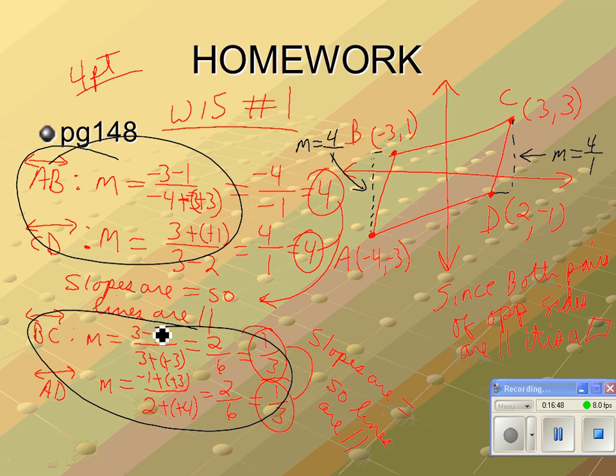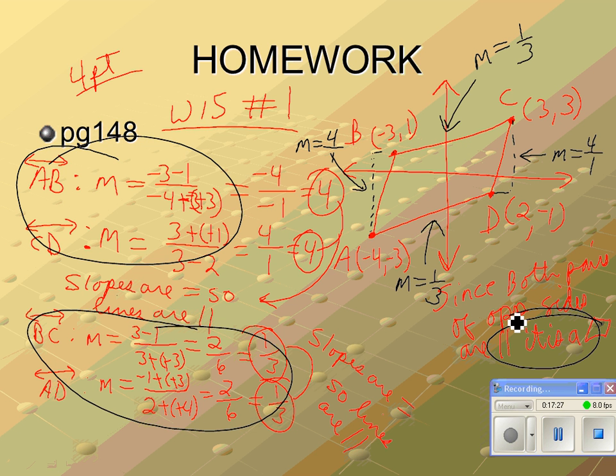If you showed just these 2 slopes and these 2 slopes and thought you were done, you'd probably get 1 point. All right, maybe 2. If Brian just did this on his picture and wrote, so it's a parallelogram, you might get 2 points.